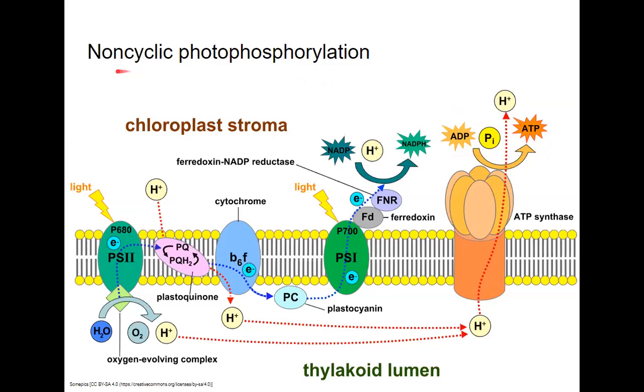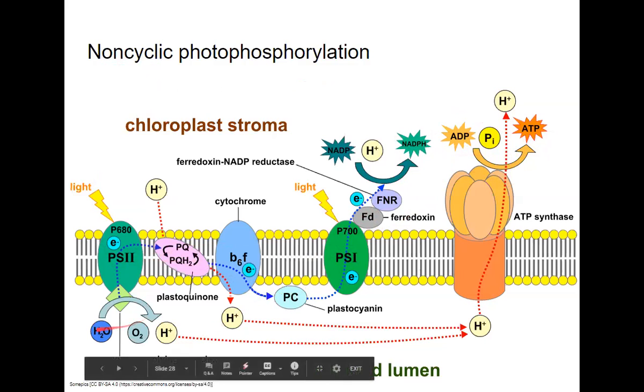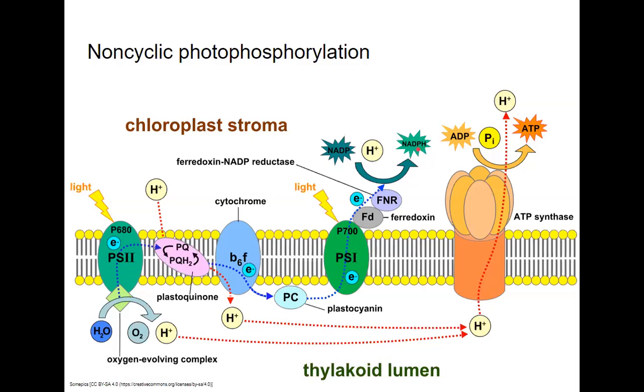All right, so let's go back to this word, non-cyclic. We have a linear passage of electrons from photosystem 2 all the way to, well, really water, which I haven't mentioned yet, all the way to our final electron acceptor, NADPH. So it's non-cyclic. Photo, meaning light. We're using light to run this process, right?